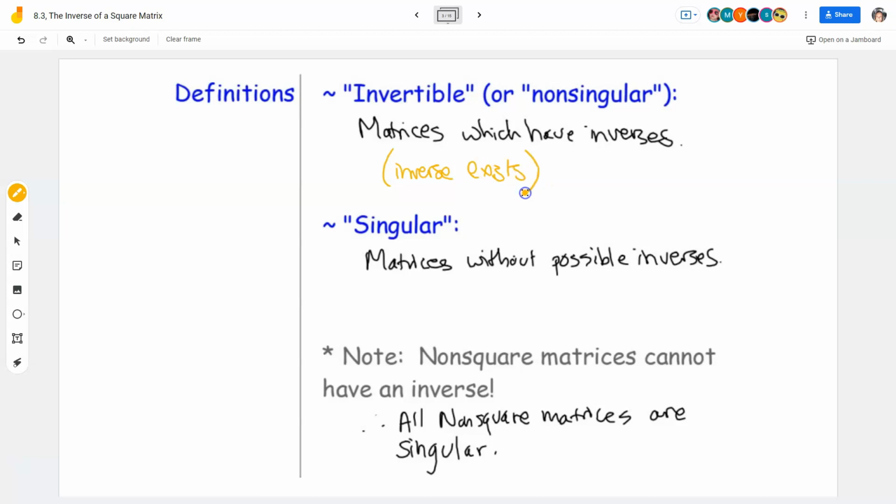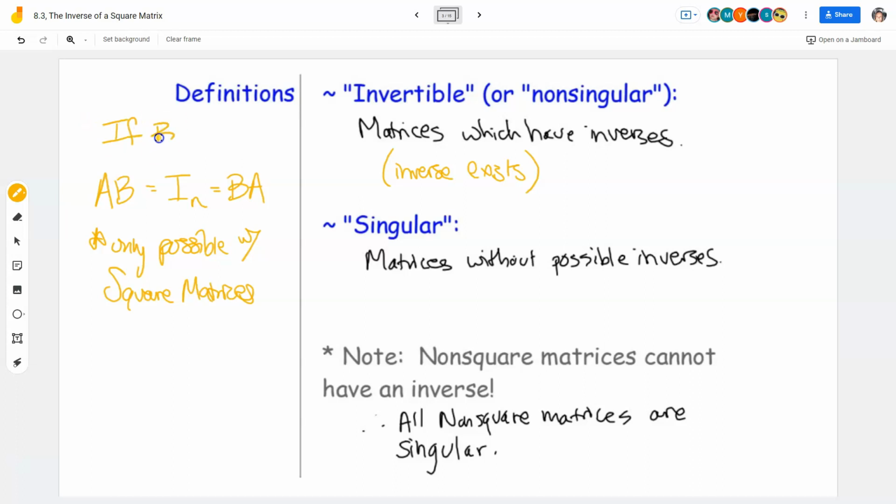But if the inverse has to be able to multiply both directions, AB has to equal the identity of whatever size I have, and has to equal BA. This is only possible with square matrices. So question, will any non-square matrices ever be invertible? Nope.